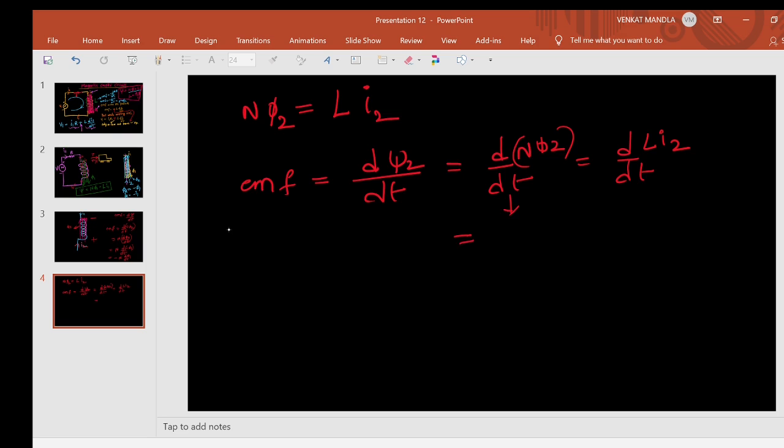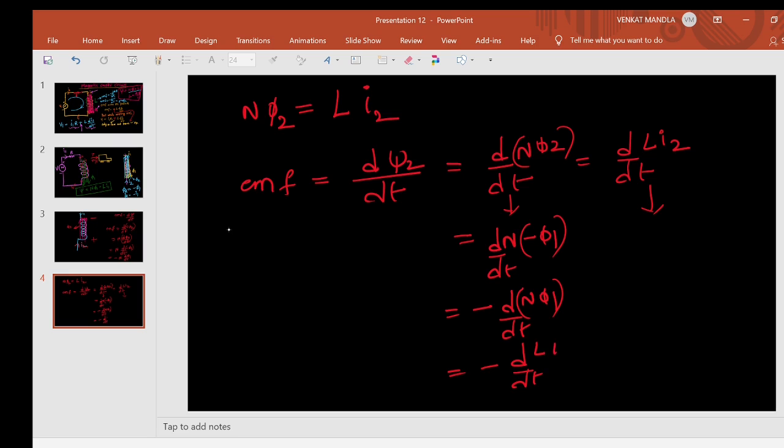From both relations you get d by dt of n phi 2 equals minus d by dt of n phi 1, but we know n phi 1 is L I1.